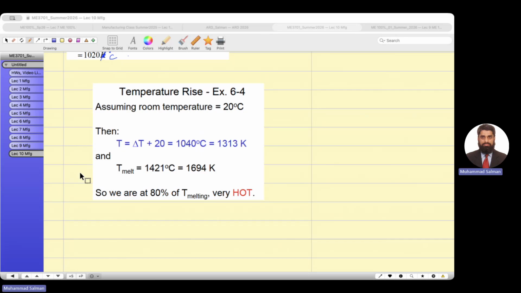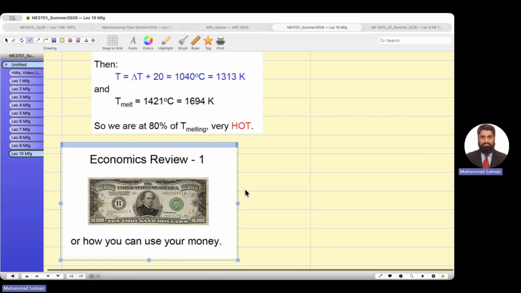Some of the economics review, we can go ahead and understand.